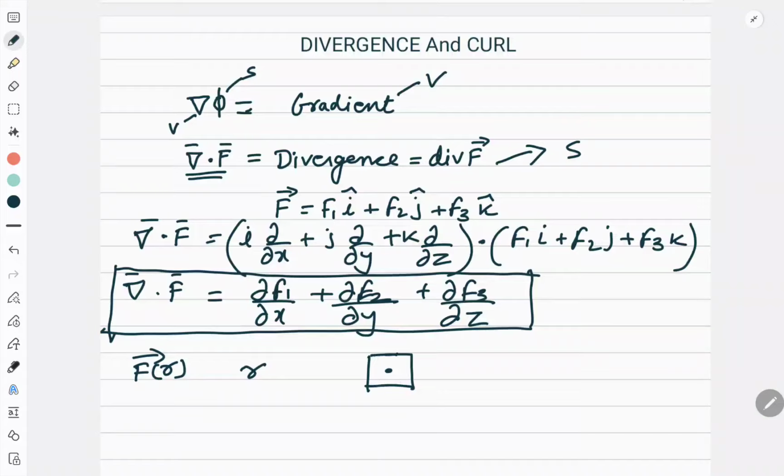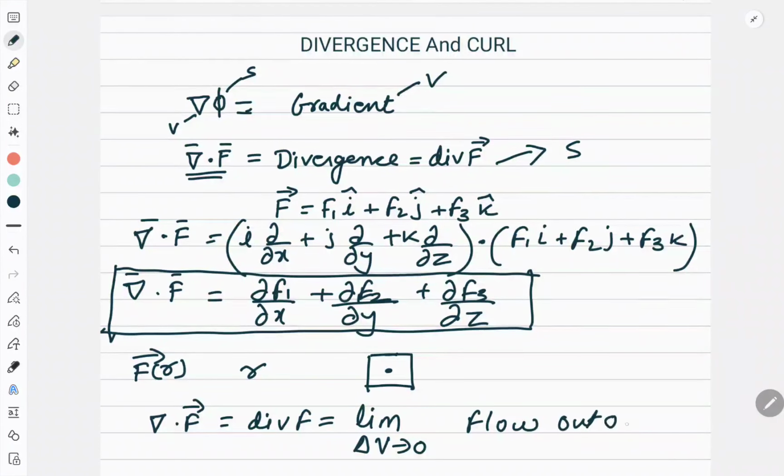Then finding the flow or flux out of this volume per unit volume is called the divergence. So physically, divergence of f is nothing but the flux out, or flow out of this volume, upon this volume. Correct? So this is the physical interpretation of divergence.